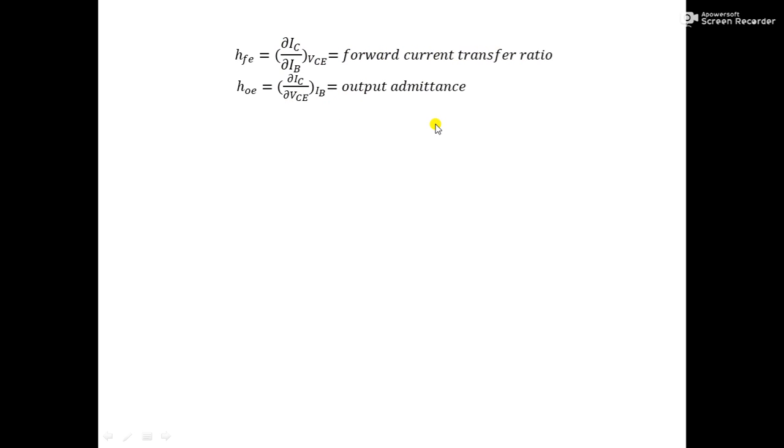So these parameters are of different dimensions and are referred to as hybrid parameters. The changes in currents and voltages are the same as AC currents IB and IC, and AC voltages VBE and VCE.